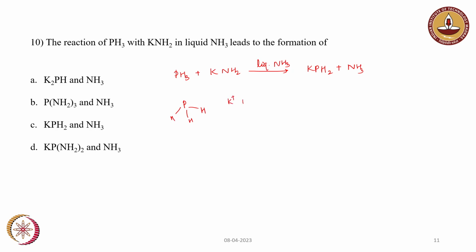K plus and NH2 minus: this K replaces one of the H, and the H is given to NH2 minus. So KPH2 is formed, and NH2 minus plus H plus is formed, which is NH3. So option C is the answer.